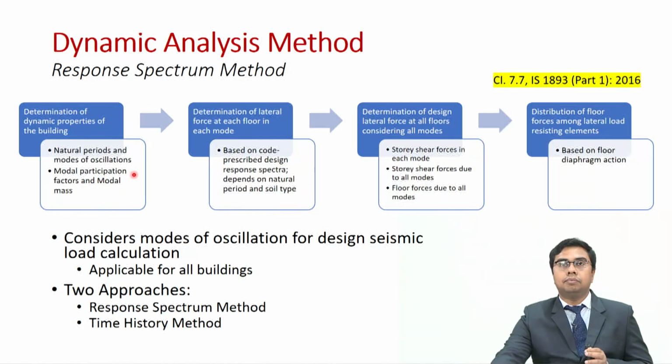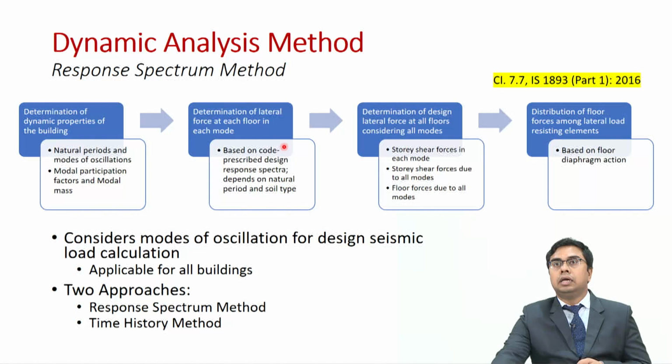We shall come to know what these dynamic properties are as well. Once we have the dynamic properties of the building known to us, we shall determine the lateral force at each floor in each mode. Here we will consider different modes separately, and then we shall be able to obtain the design force at various floors.